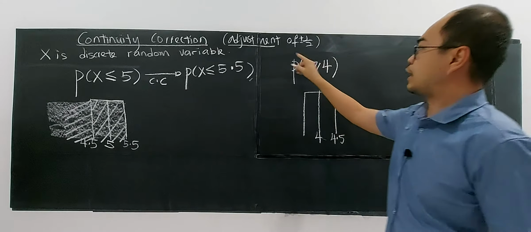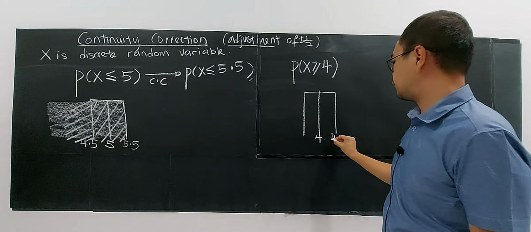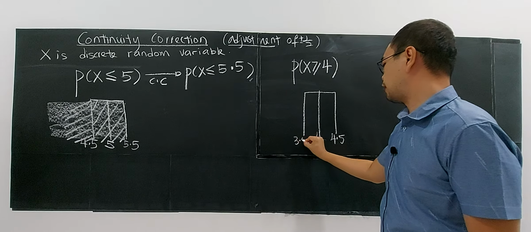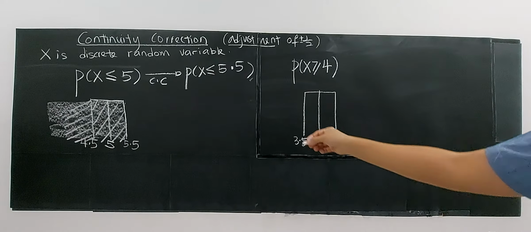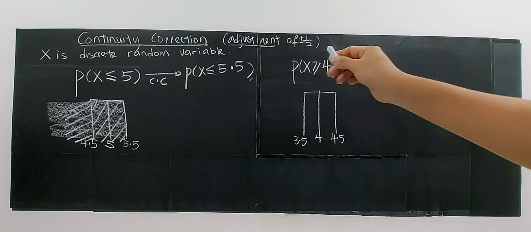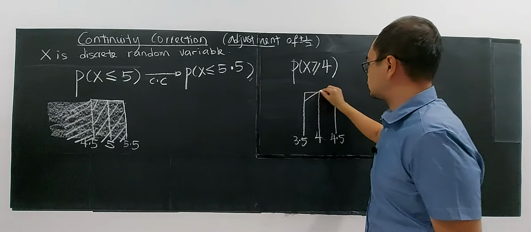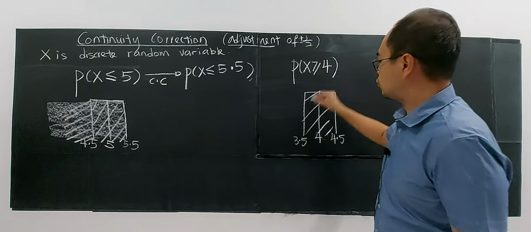The meaning here is adjustment of plus minus 0.5. So here will be 3.5, right? Perlu tak saya lorekkan? Do I need to shade the box here? Yes, because there is equal here. So I shade the box. Tadi tak perlu sebab tak ada equal. Sekarang ada equal, kita shade lah.